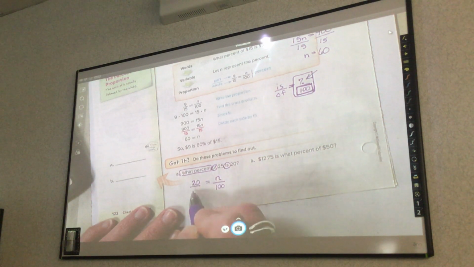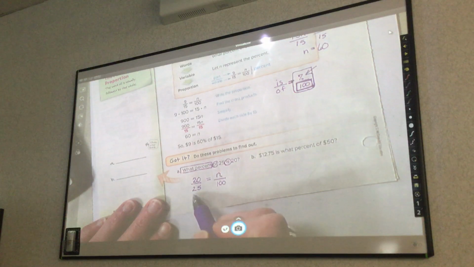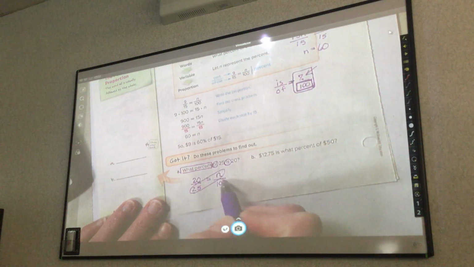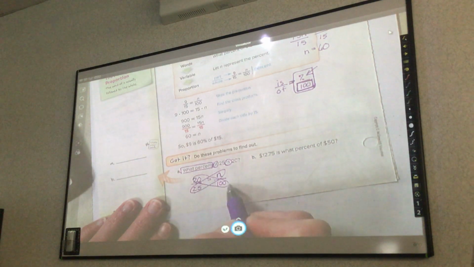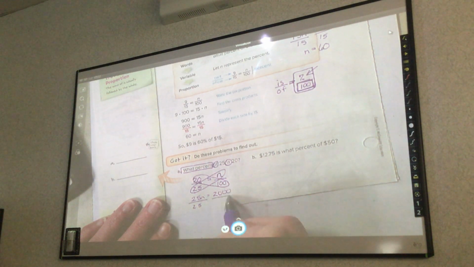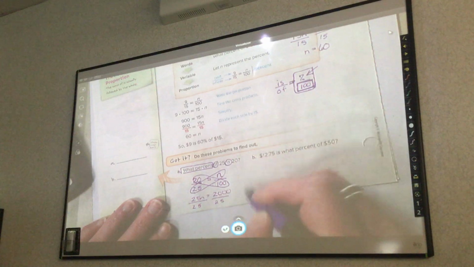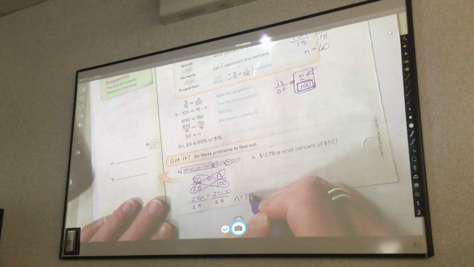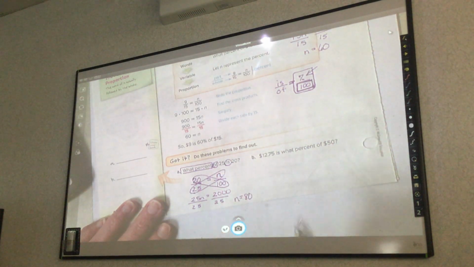And then what's going to be on the bottom? 25. To solve this, we do the cross product. So I have 25n equals 2,000. Divide by 25. Divide by 25. N equals 80. Because that is where you could use your calculator.